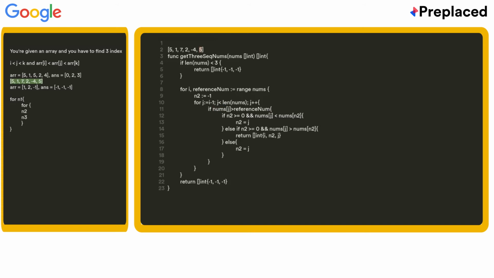Now 5 being greater than 1, it will move into this if block, and it will check if n2 is present, and if 5 is less than 2, which is not true, so it will come to this next else. And since it is greater than 2, now we have received all the three numbers, all the three indexes, so it will return the answer from here itself, hence breaking the loop. Okay, cool.